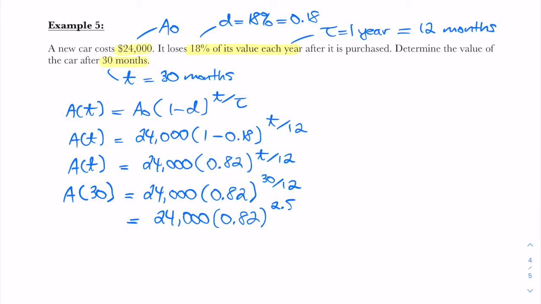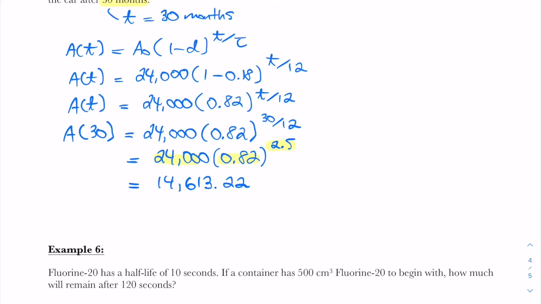So take your base of 0.82, raise it to the exponent of 2.5, and then that number multiply by 24,000. You should get a value of approximately $14,613.22. Because we're dealing with money, please round to 2 decimal places. So consider that your brand new car lost about $10,000 over the course of 30 months or about 2.5 years.